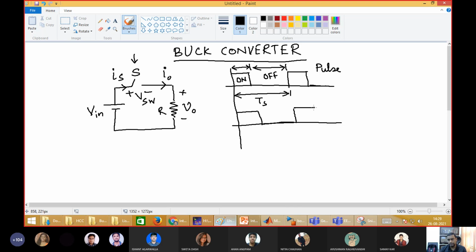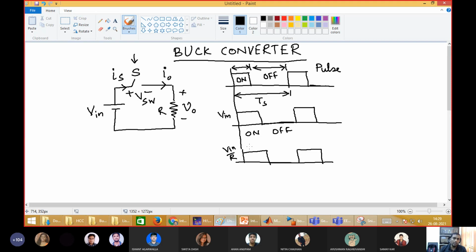Then again V in. So this is V in, this is on, this is off. The current will also look the same, only scaled down by the resistance R. So this is V in by R.